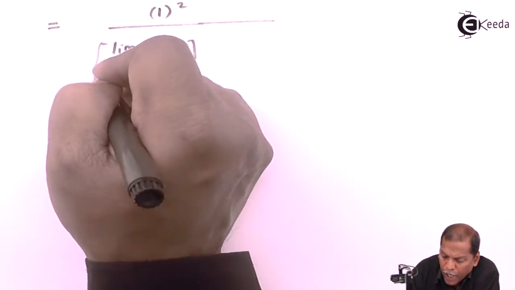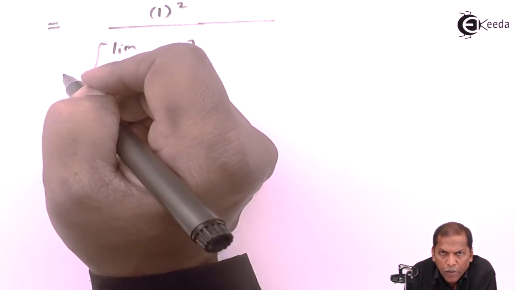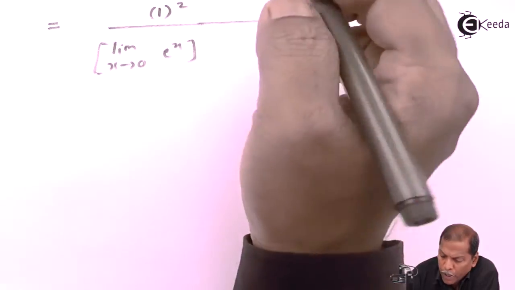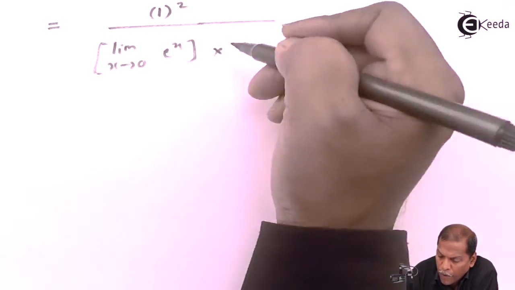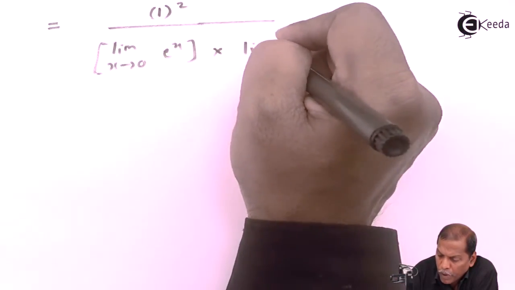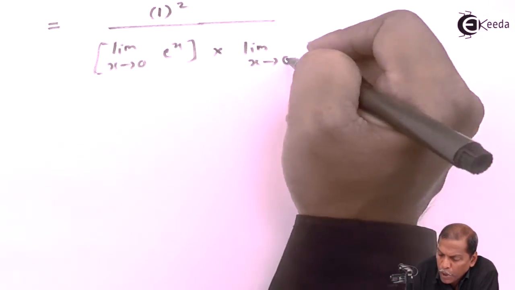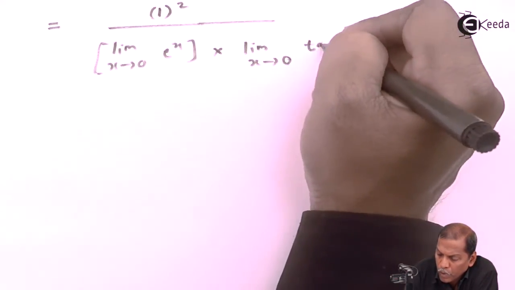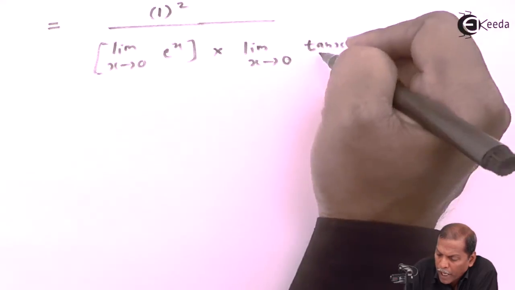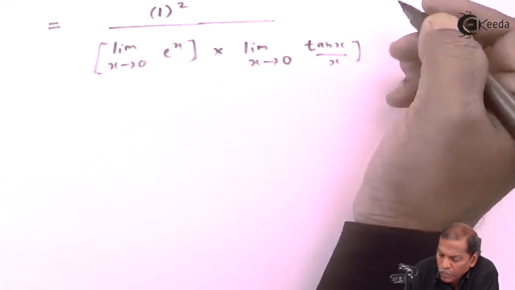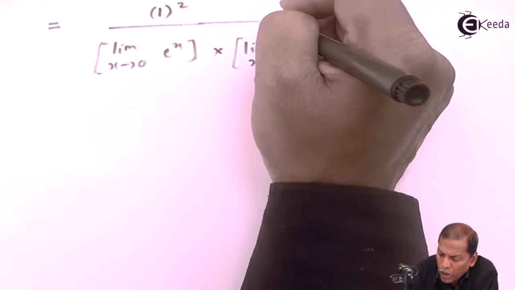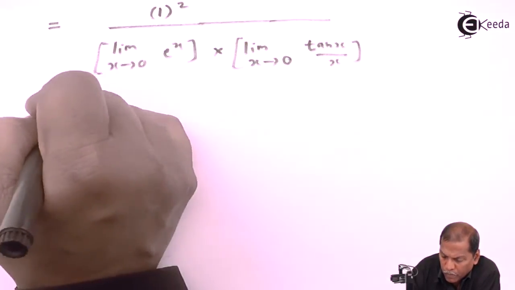At the same time, we cancel x from numerator and denominator, and finally we are left in the denominator with the limit as x tends to 0 of tan x upon x in the second bracket.